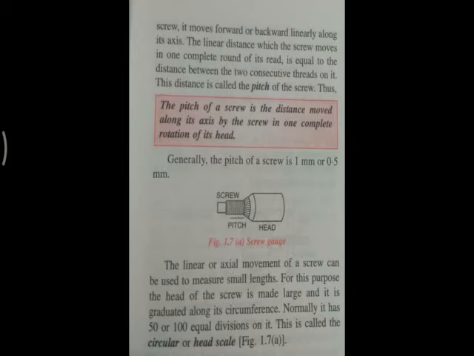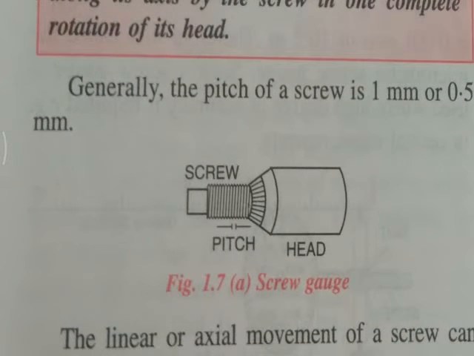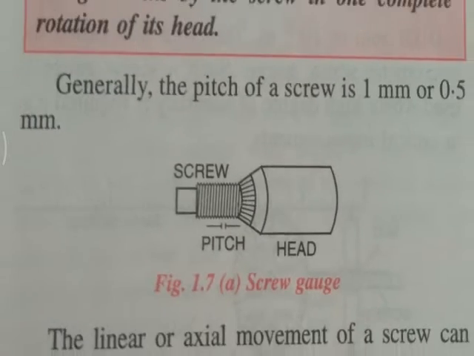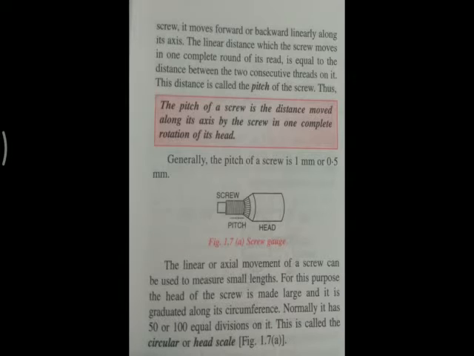So this is the general diagram of a screw gauge, where a screw is there and over the screw a circular head is there that is movable. This head moves forward and backward in a linear way along its axis, and the linear distance by which the screw moves in one complete round of the head is equal to the distance between two consecutive threads.